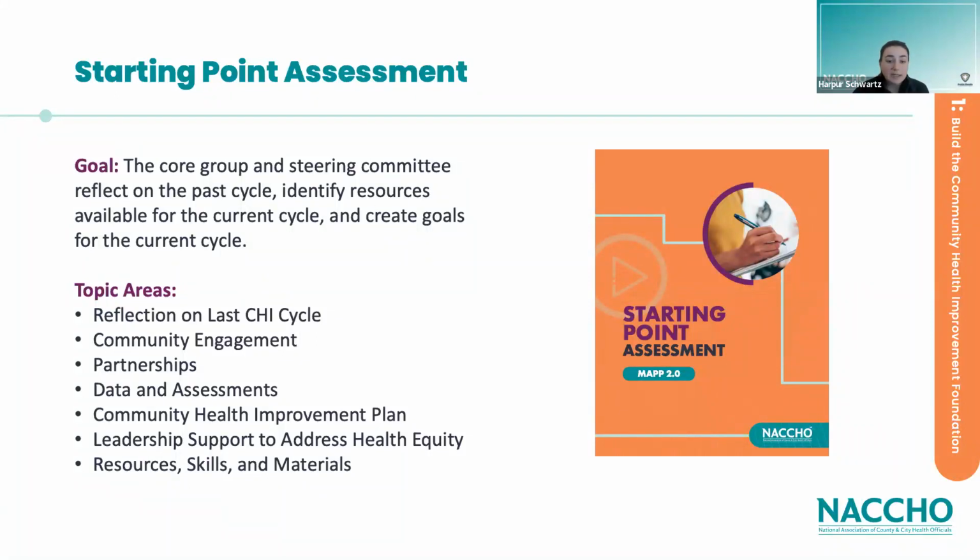Another topic area would be leadership support that's available to intentionally address health equity through the process. And then finally, an inventory of resources, skills, and materials that are available in the current cycle. So this is overall a continuous quality improvement process to help your community improve how community health improvement is facilitated.